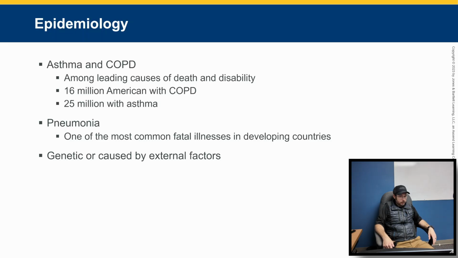So some numbers: asthma and COPD, pretty common cause of death and disability. Right? There's about 16 million Americans with COPD and about 25 million with asthma.